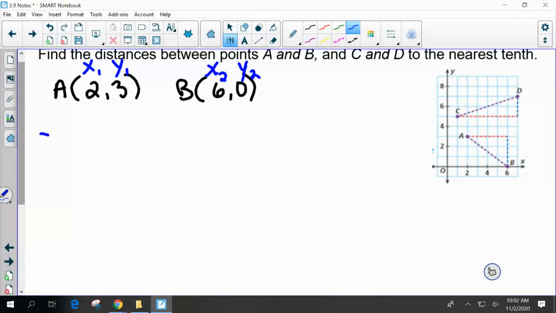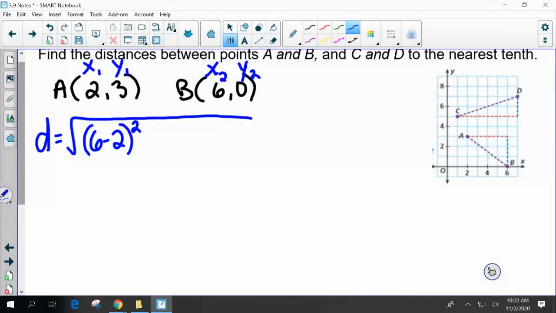So d equals square root. And then I'm going to take x2 minus x1, so 6 minus 2, parentheses squared. And then there's always a plus sign in the middle.